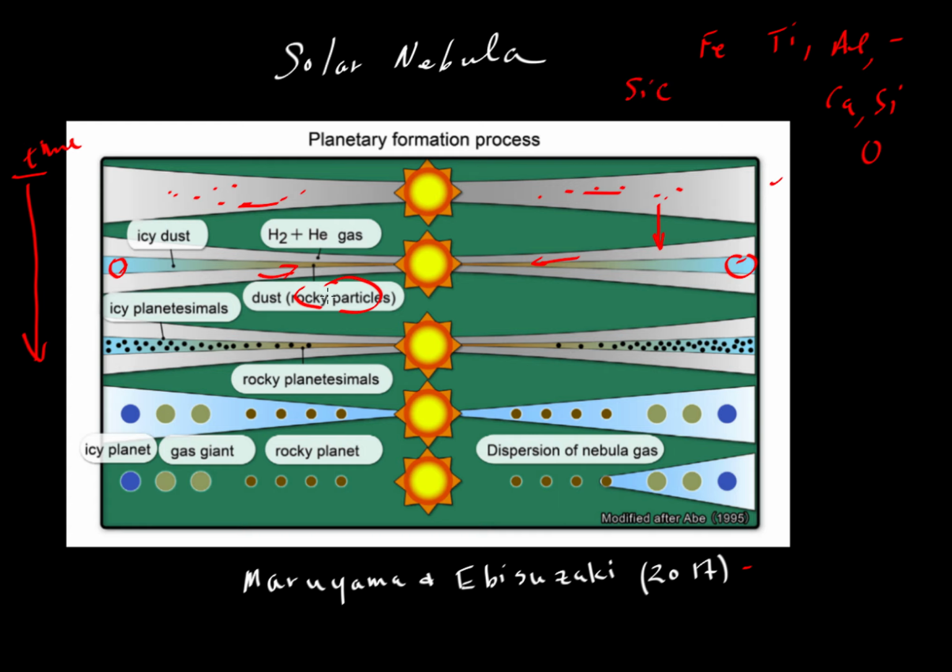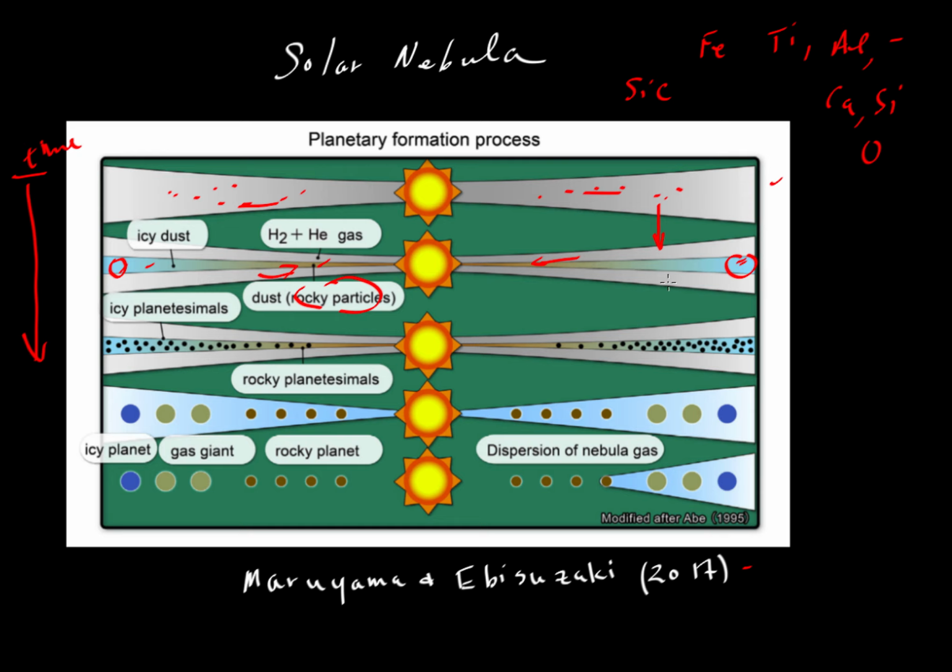These will be the rocky particles that will form a little bit closer in, where it's too hot to form the icy particles. Of course, those rocky particles, if they can form here, they can form out here as well. So this would not just be icy dust, it should be rocky particles as well. But when we come closer in, those icy particles would evaporate, whereas those rocky particles would not.